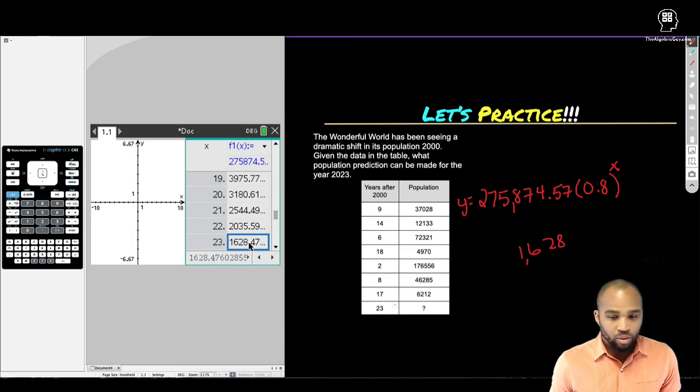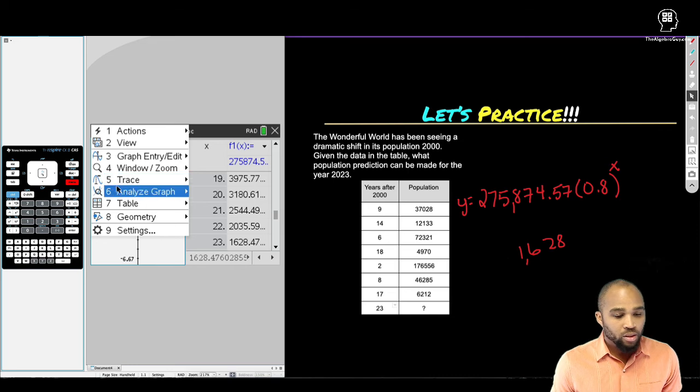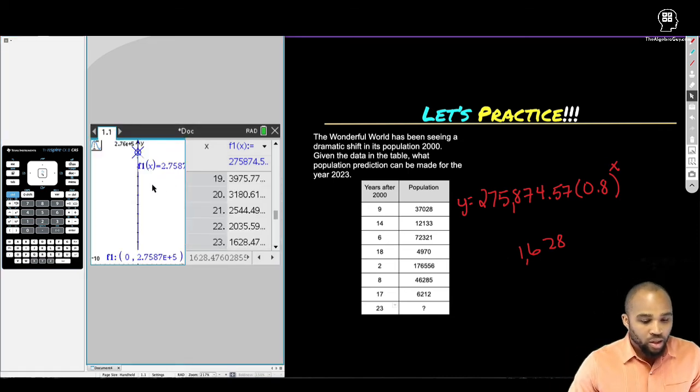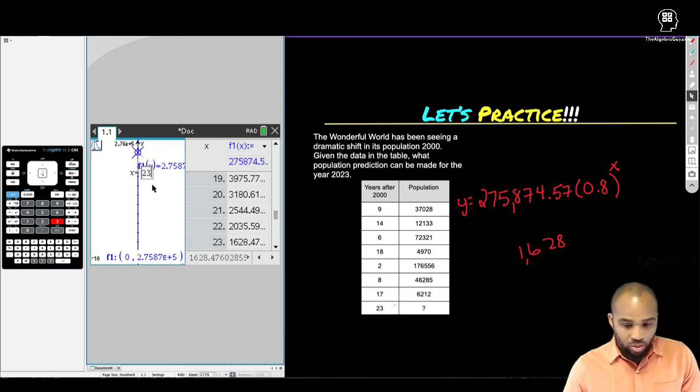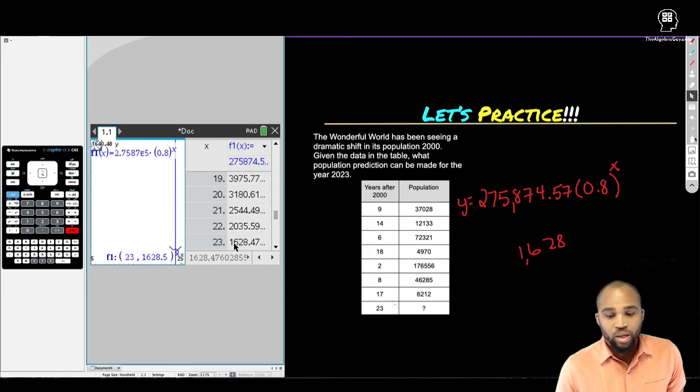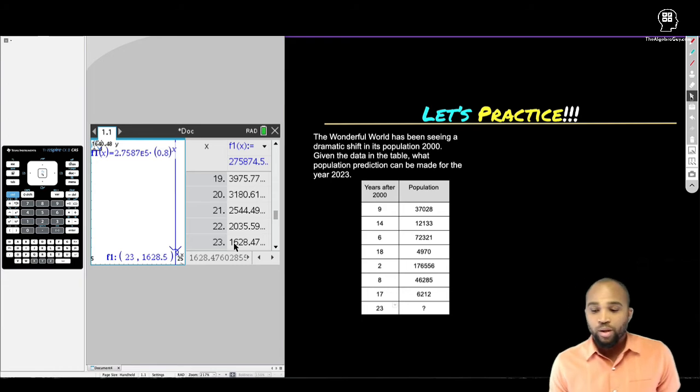So if I would have gone back to my graph, I could have gone to graph trace, and if I would have just typed in 23 and pressed enter, it'll tell me at 23 it's going to be 1628. So I got a verification from two different places. So that's two ways that you can get your answer there.